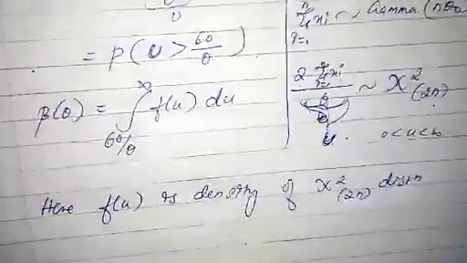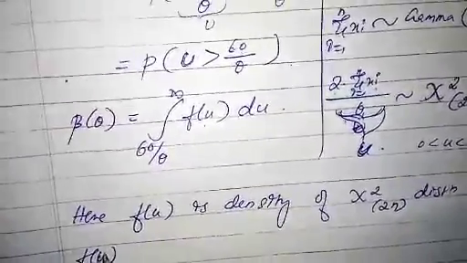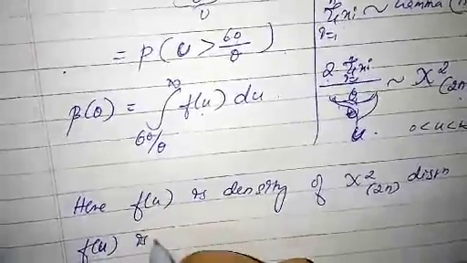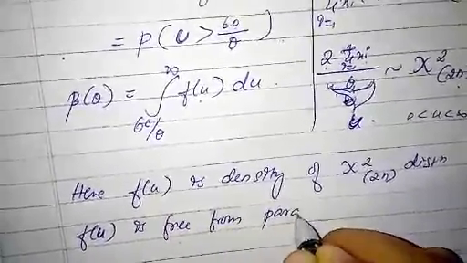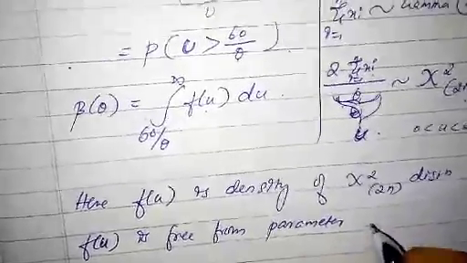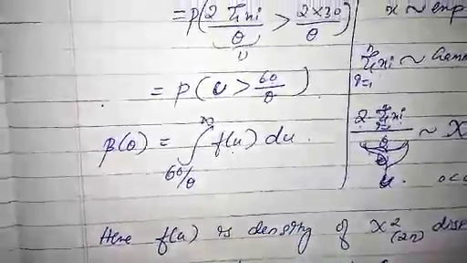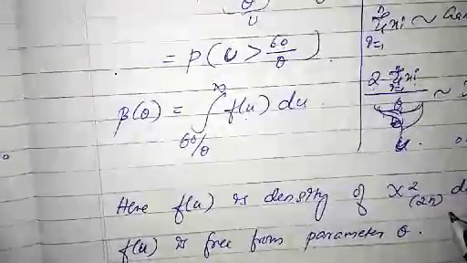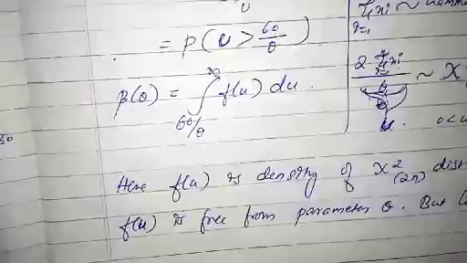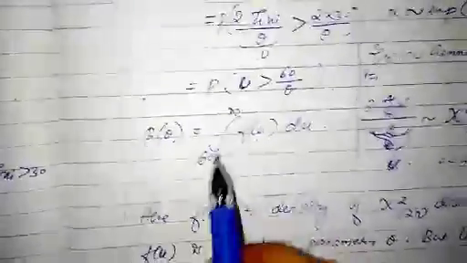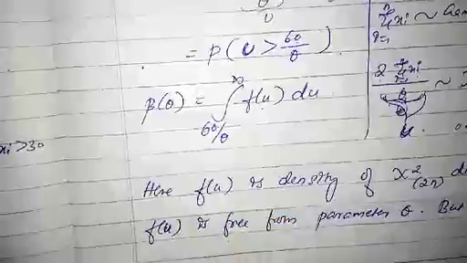F of u is free from the parameter theta, but the limits depend on the parameter theta, right?